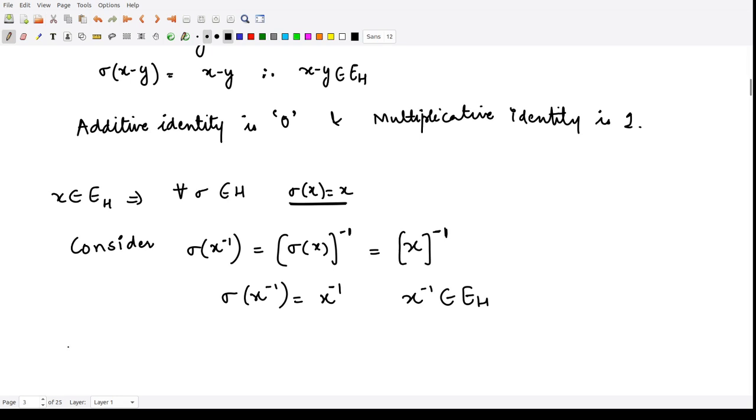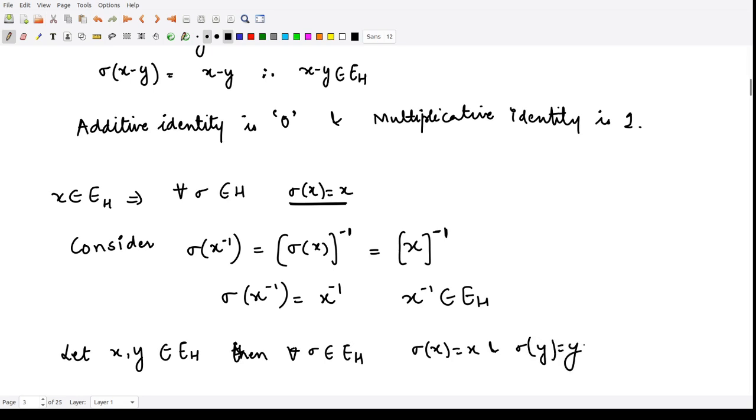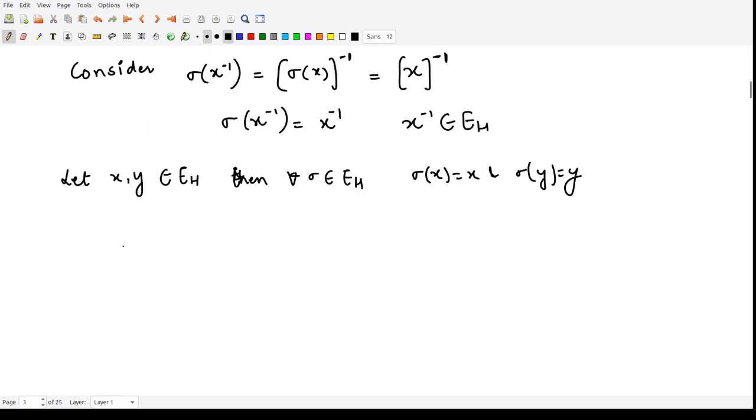And similarly, if we take any two elements x and y belonging to E of H, then for all sigma belonging to H, sigma of x is equal to x and sigma of y is equal to y. So that means sigma of xy is equal to sigma of x multiplied by sigma of y, again by using the homomorphism property.